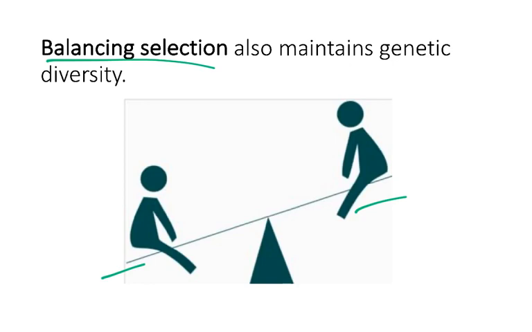So balancing selection is maintaining genetic diversity because it's maintaining different alleles. Even though one of them may be at a low frequency at one time point, it can shift to a higher frequency at another time point when it's more appropriate.